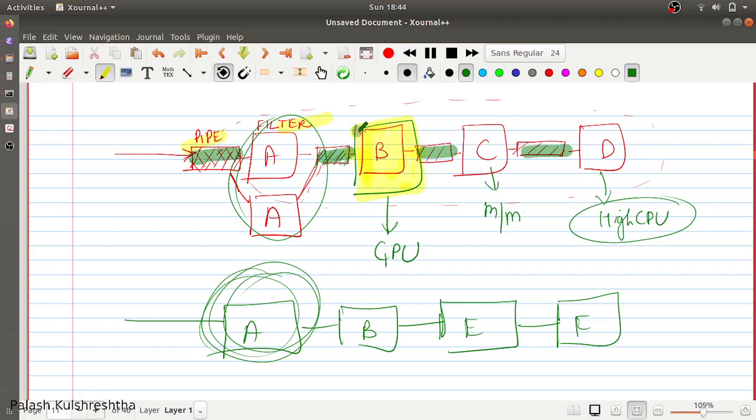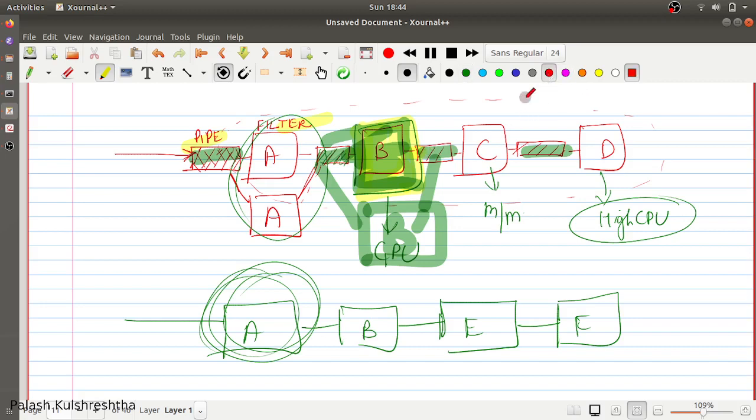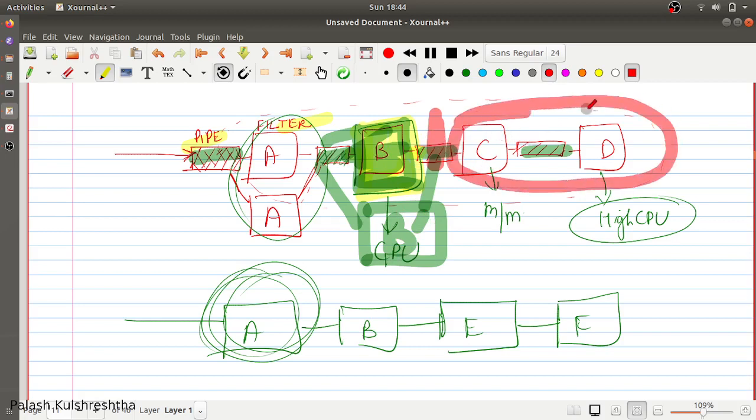For example, if you want to upgrade this system, you can drop and replace it with service B dash, and everything is going to work fine as long as the contracts for the next pipe are adhered to, I mean the message format in which the messages are pushed in this pipe should be similar for B as well as B dash, so that there is no notice of any change in the downstream services. C and D won't need to know that a particular change has been done.